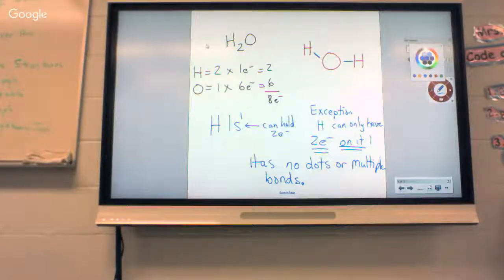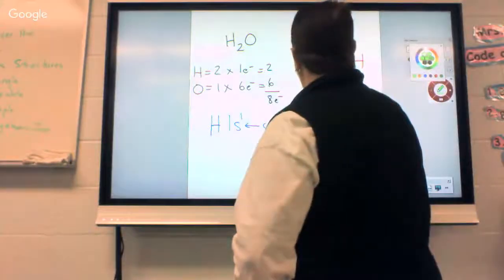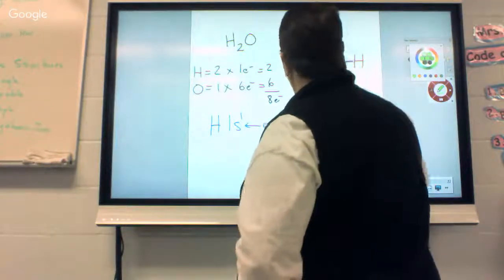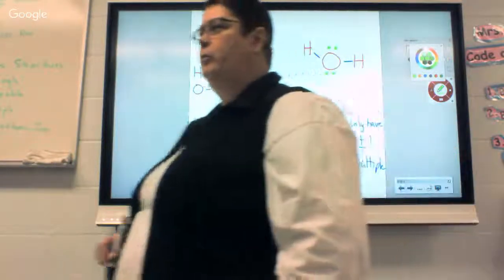So, if I can't put any dots on H, because it can only have 2, where am I putting these 4 other electrons that we added up? Oxygen has to have them. So, I might say 2 dots here and 2 dots here. Now, check your 2 rules.